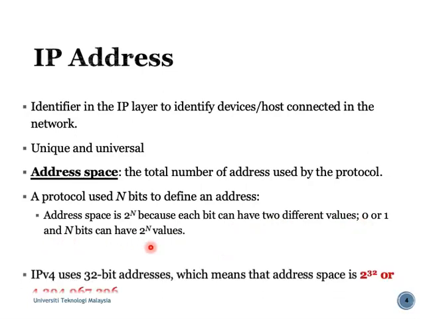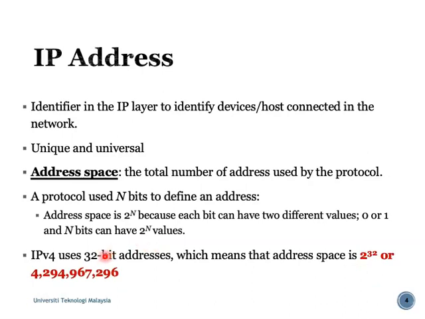For IPv4, it uses 32-bit addresses, in terms of 0 or 1. So it means that the address space is 2 power of 32, which is more than 4 billion numbers. So theoretically, if there were no restrictions, more than 4 billion devices could be connected to the internet.